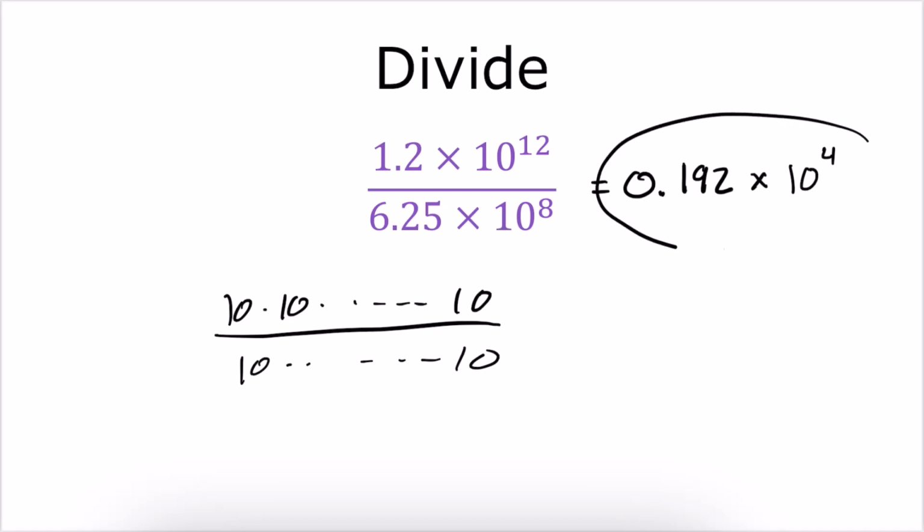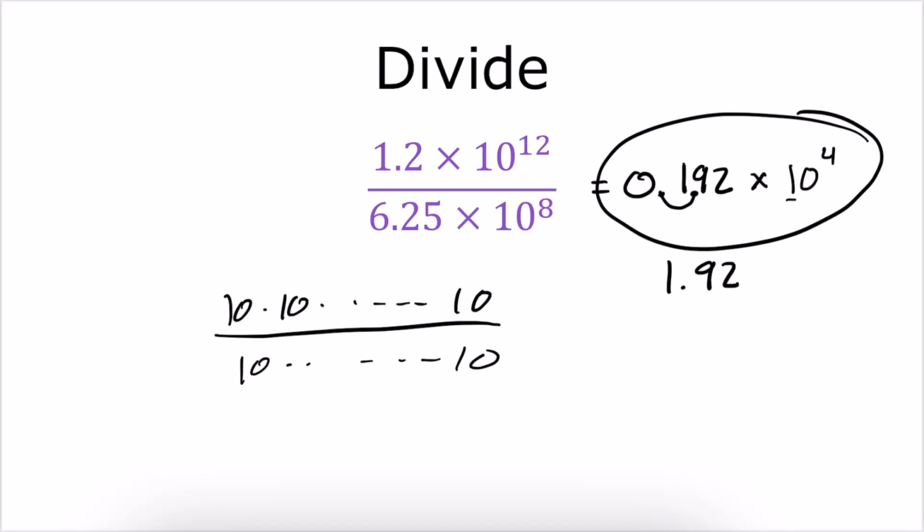Now, this is not technically in scientific notation, because in scientific notation you're supposed to have one digit before the decimal point. To convert this into scientific notation, I'm going to move the decimal over once by multiplying by 10, and that would give me 1.92. But if I multiply by 10, that's changing the number.